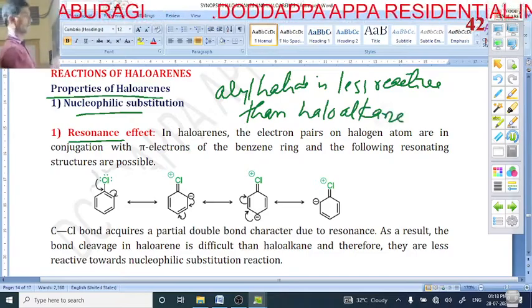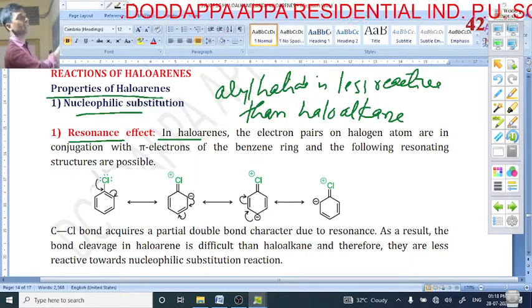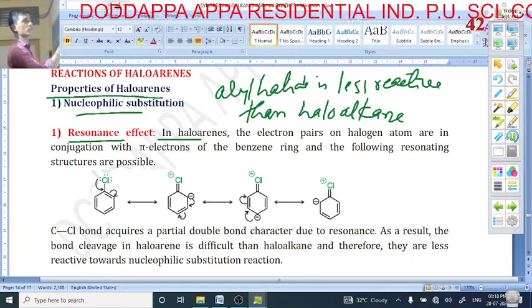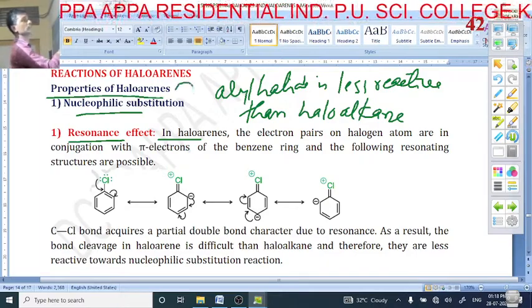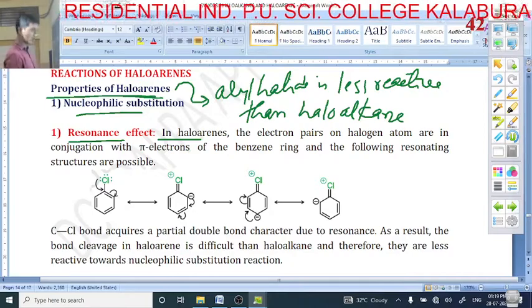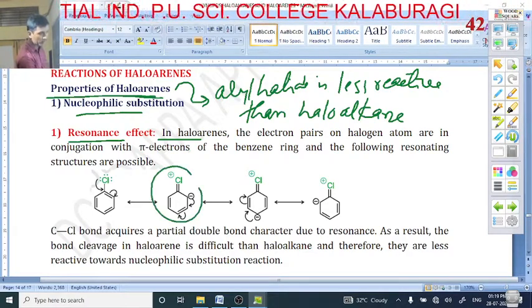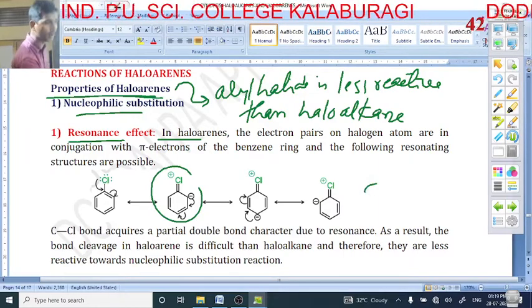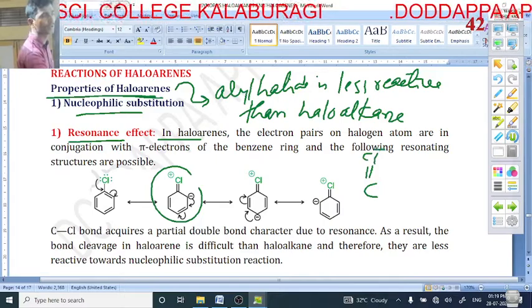Why? Haloarenes are also called aryl halides. They are less reactive because in aryl halides there is a partial double bond between carbon and chlorine.